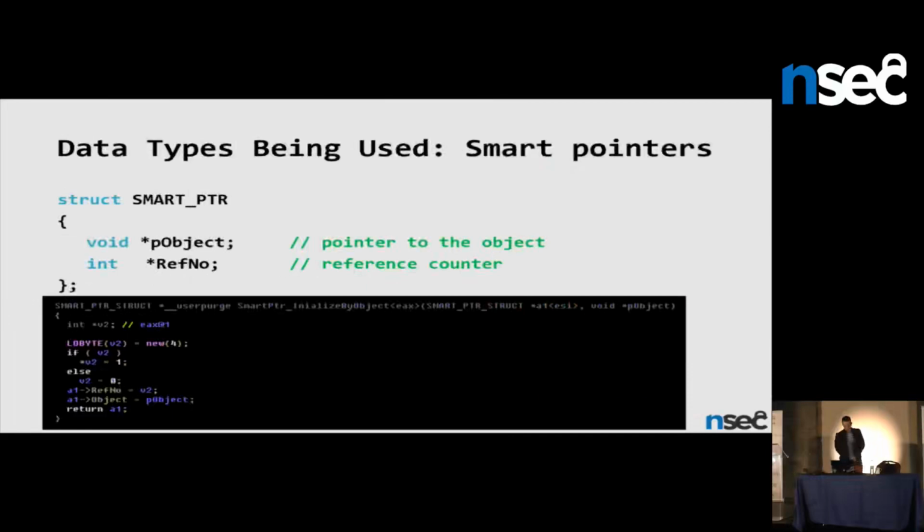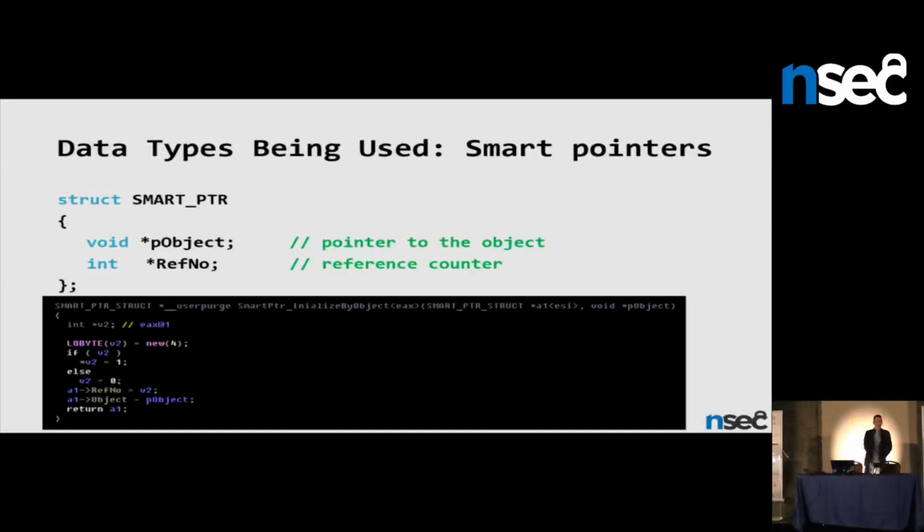For instance, smart pointers. For those who are not aware of what smart pointers are, these are objects which help to manage pointers in C++ to avoid memory leakage. They contain two fields here. One is the pointer to the object, and the second is the number of references.